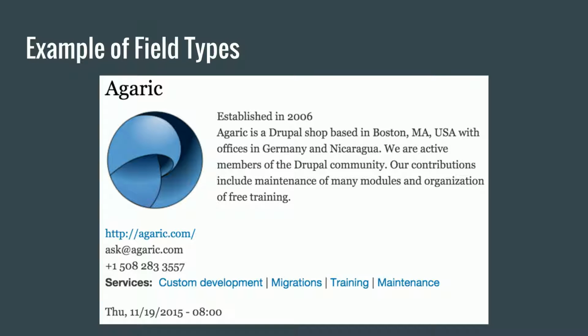So every content type is a template for a node, and every node has a title. When it says Agaric, that is the title of the node. But that is also a field of type text. When it says established in 2016, we want to store information about a year. A year is an integer, so that is actually an integer field.